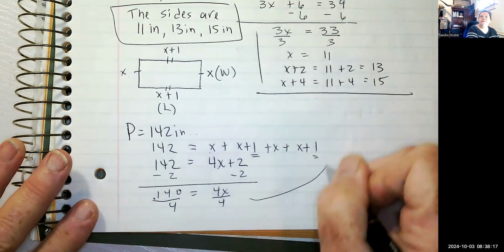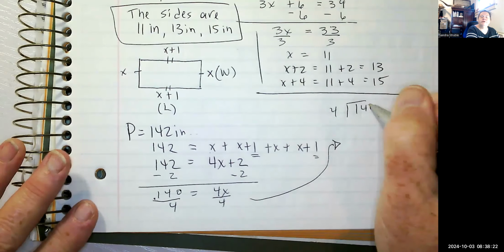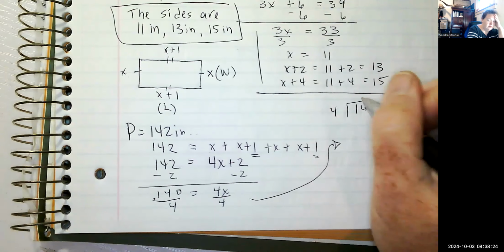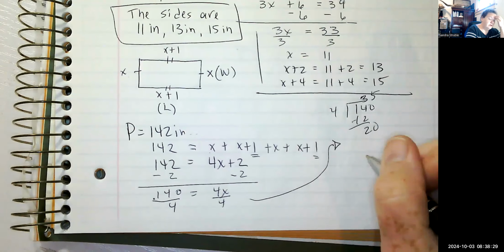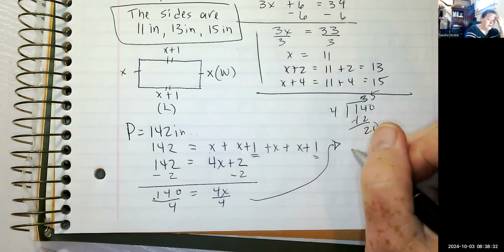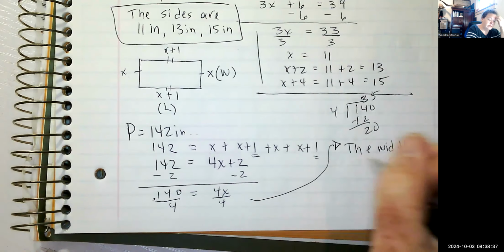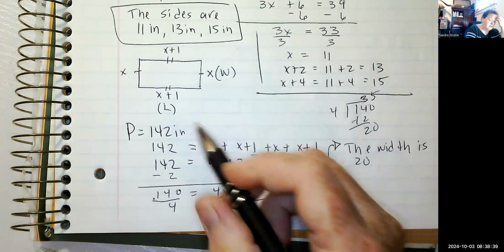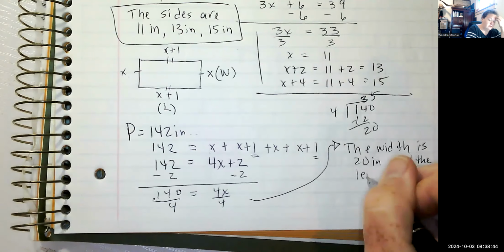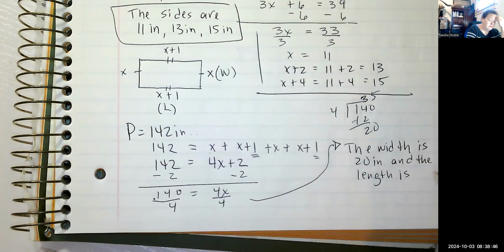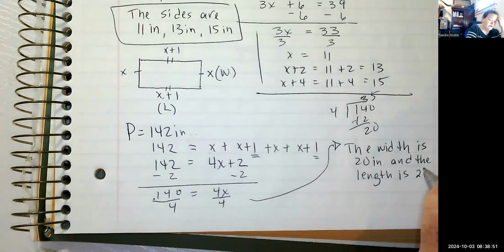140 divided by 4. 4 goes into 14 three times, 12, 20, so 5. So the width is 20 inches and the length is x plus 1, so 20 plus 1, 21 inches.